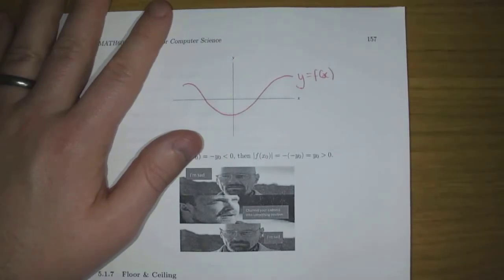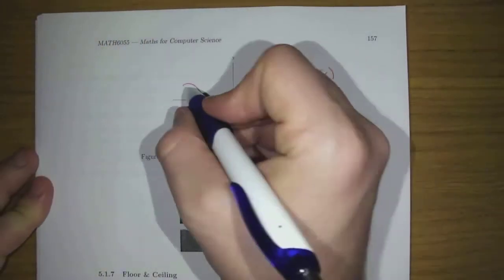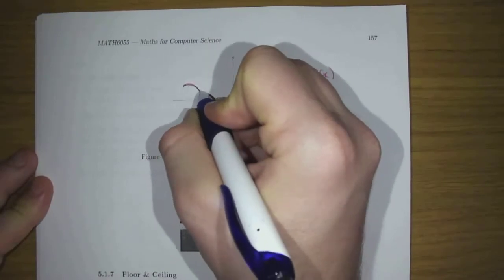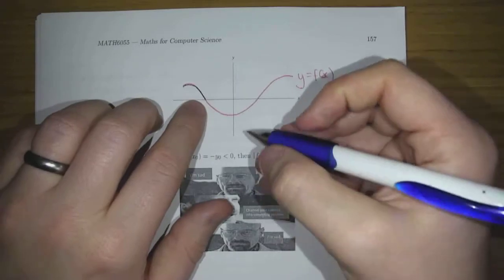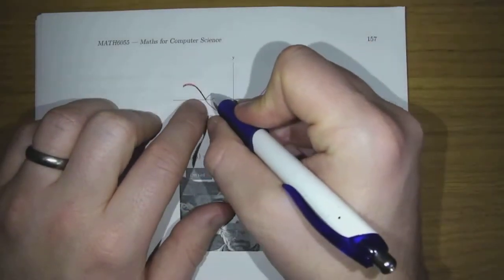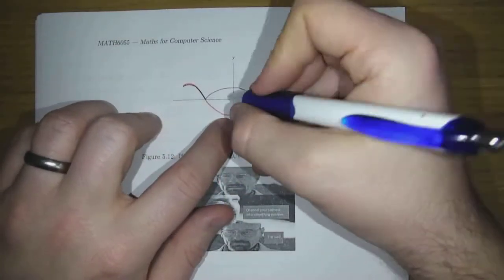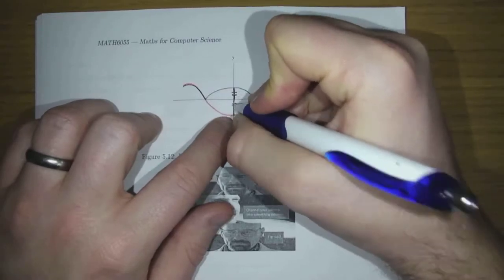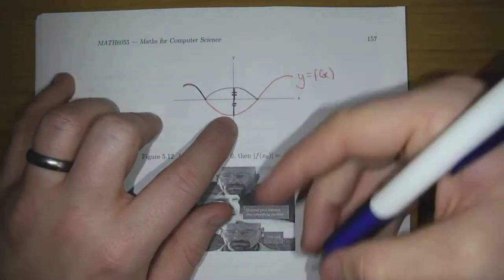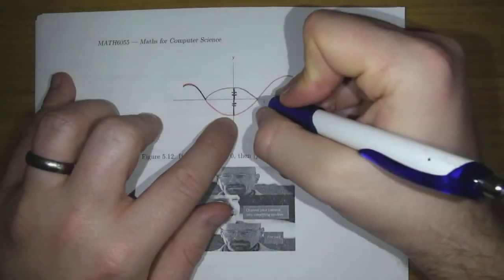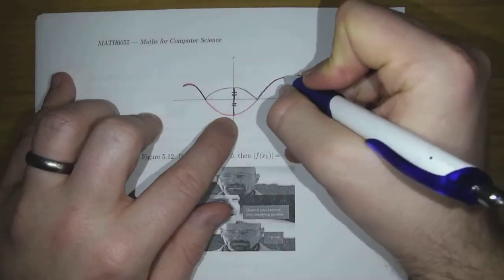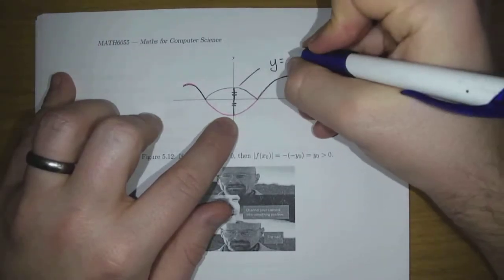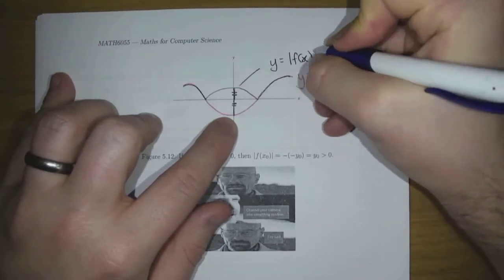Then the graph of its absolute value gets the same thing when the function is positive, but when the function is negative, you make it positive. Like that, those two distances, I know they're not, but they should be the same. If it was, say, minus 3, the absolute value becomes plus 3, and then it just continues on its way. So the black function here is y equal to the absolute value of f of x.